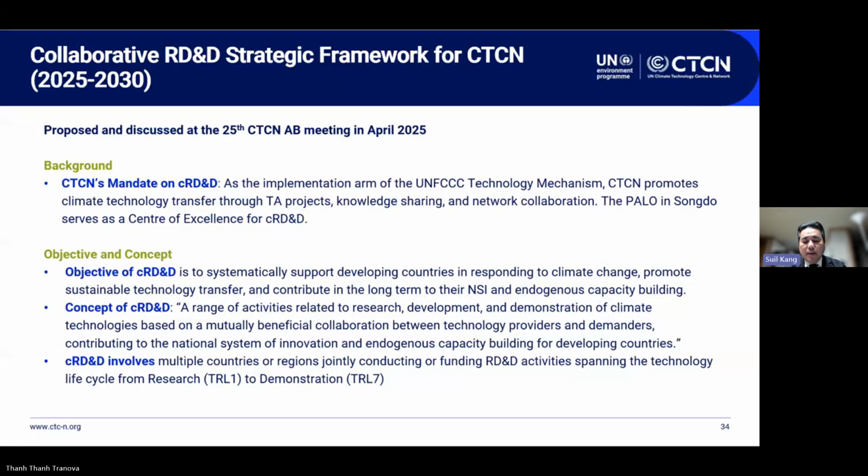It'll be conducted from this year to 2023. At the last bullet point, you can see the technology readiness level we are considering in this strategic framework.